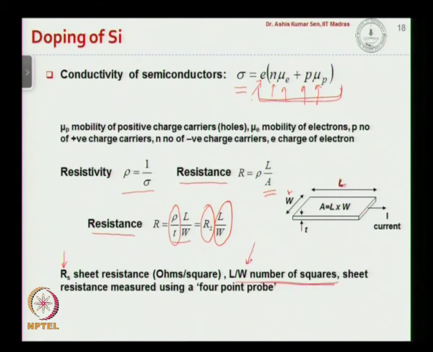L by W stands for the number of squares, and Rs is the sheet resistance, which can be measured using different techniques, including the 4-point probe technique. So this is the basics of the conductivity and the resistance of a typical conductor.